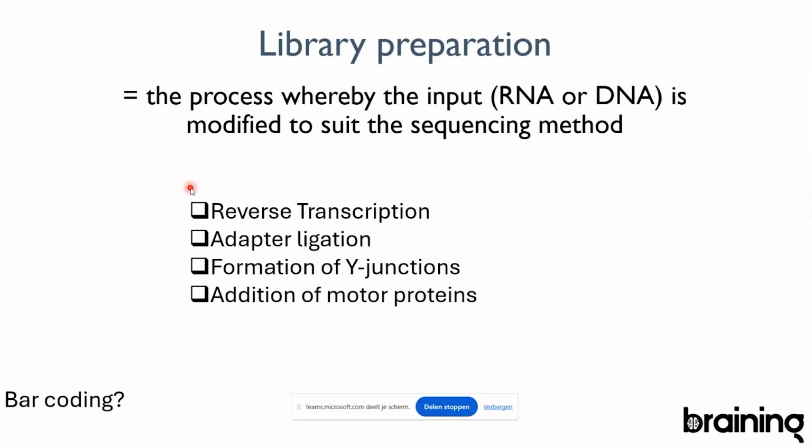Generally, for long read sequencing, library preparation is much more simple than what you would do for next generation sequencing. So that's one of the advantages. You induce much less error during the library preparation compared to next generation sequencing. It's not error-free, but you have much less errors, okay?